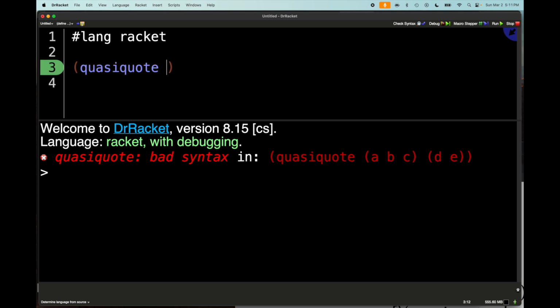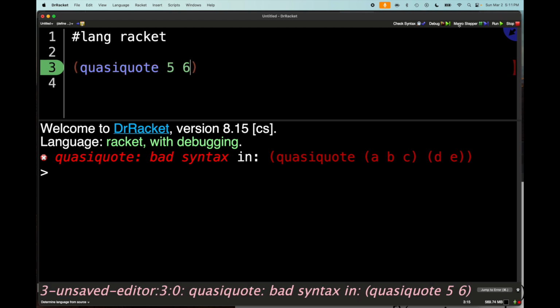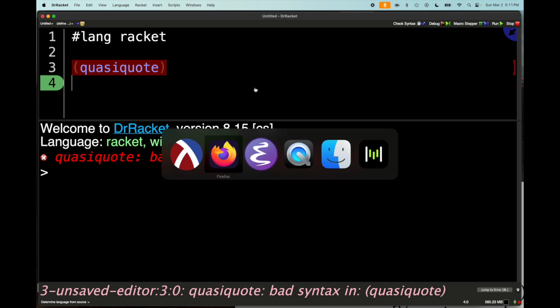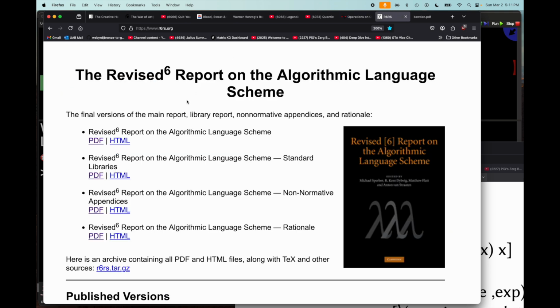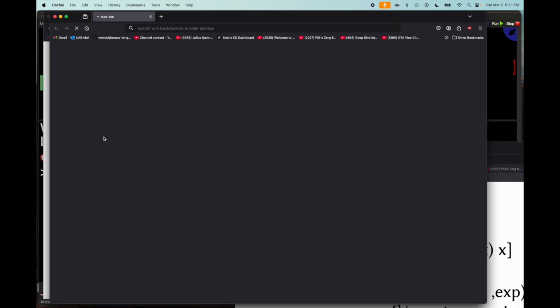Let me just try something simpler. Nope. What about 0? No, bad syntax. Okay. Now, sometimes I find mistakes in this book, so I don't know if it's a mistake there. Let's look at R6RS.